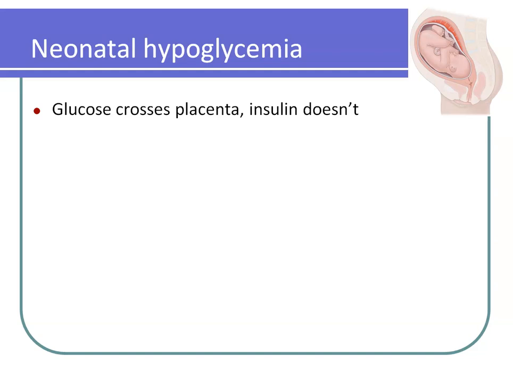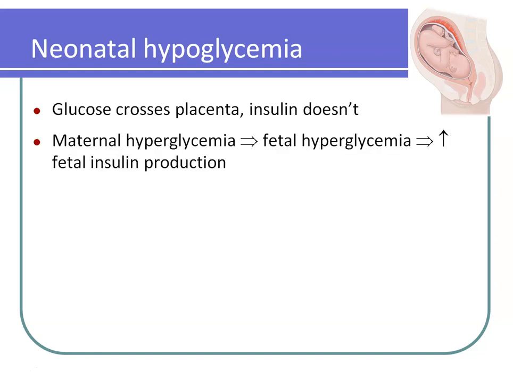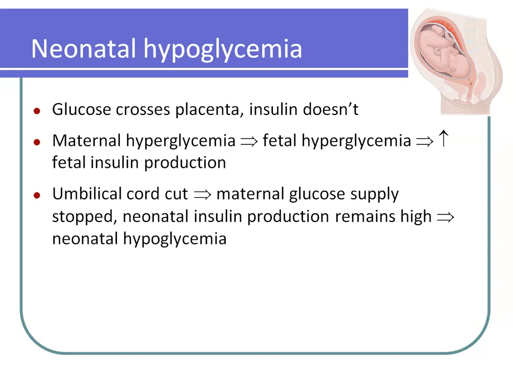He's not diabetic. His mom's diabetic. So his pancreas is working fine, and in response to the extra glucose, he's going to produce more insulin. Mom's hyperglycemic, leads to fetal hyperglycemia, and he kicks up the fetal insulin production.